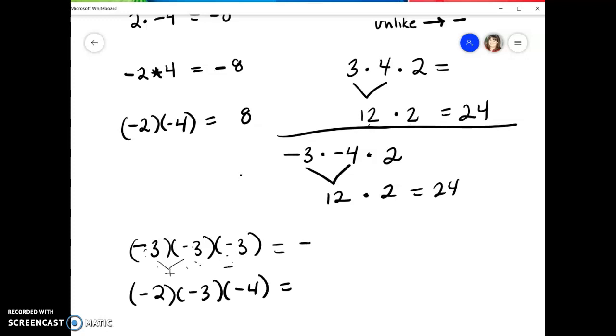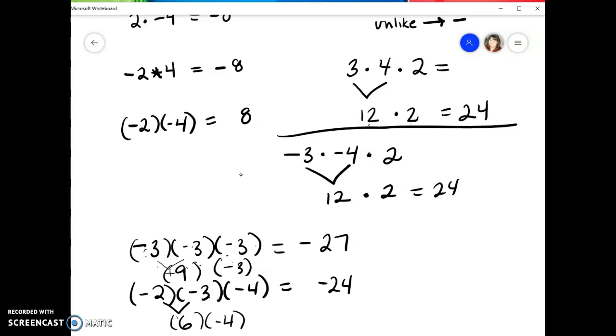So 3 times 3 times 3 is 27. If I break it down, negative 3 times negative 3 was positive 9. And then I still have to multiply that by negative 3. Unlike signs, negative 27. Here, I get a positive 6 because like signs, and then multiply it by the last number, unlike signs, so negative 24.